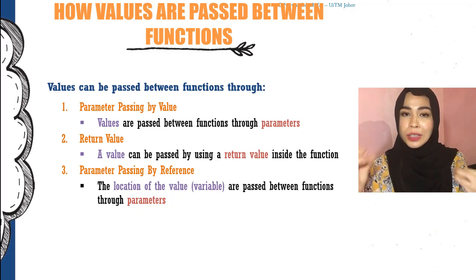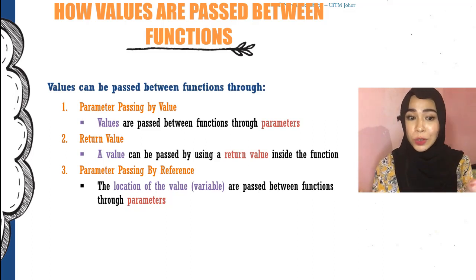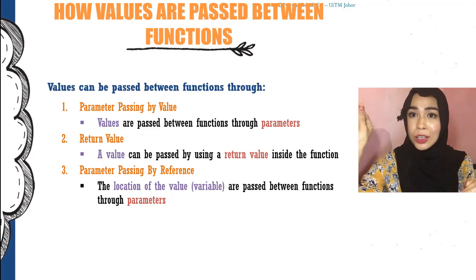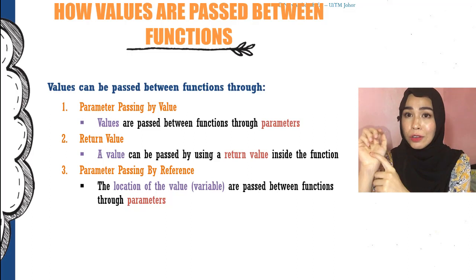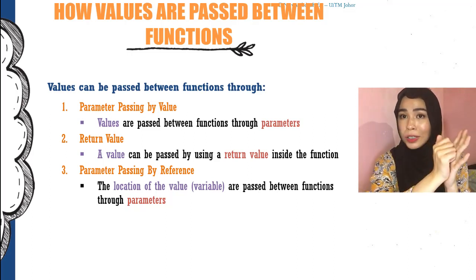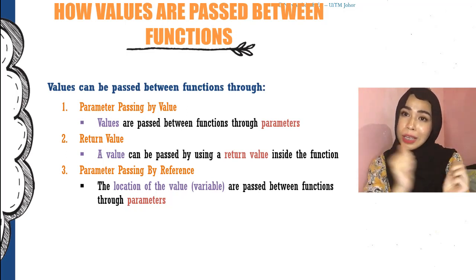Another way for us to send data from function to function is by using a return value. Let's say we use a function with a return value. We call that function, and whenever it is called, it will be executed. Towards the end, it will have a return value, which it will send back to the caller. So this is another way for us to send data.